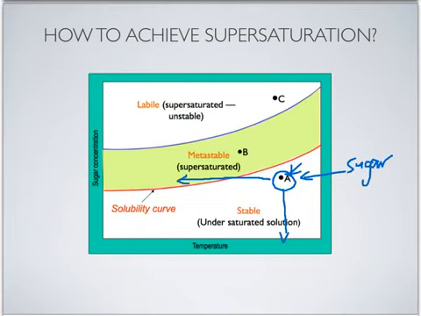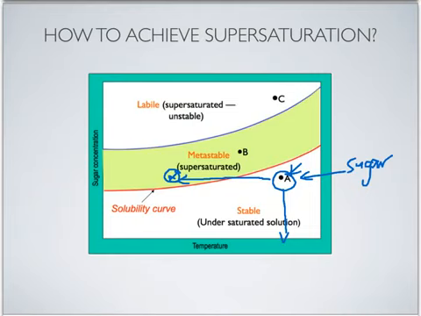So what we have at this point is actually a supersaturated solution, and you can see that by lowering the temperature, we cross the solubility line and go into the supersaturated state. So that is the first way to create supersaturation.